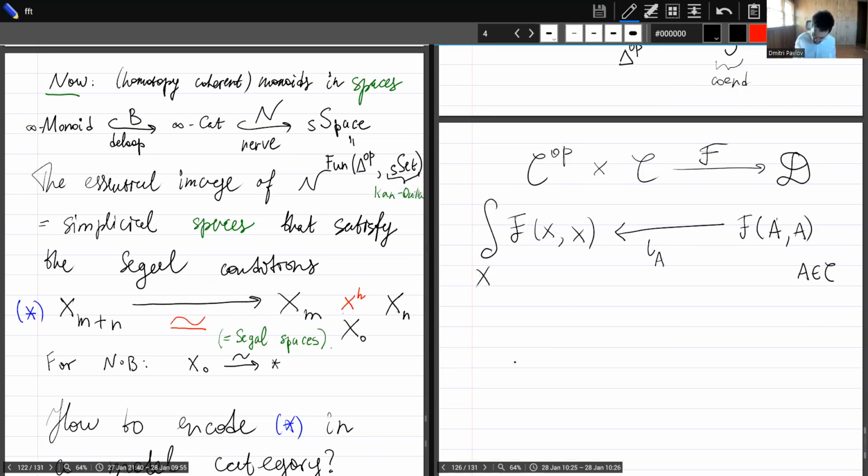If you have another such F(B, B), here you have iota_B, and here you have a map from A to B, and this map sends F(A, A) to F(A, B).